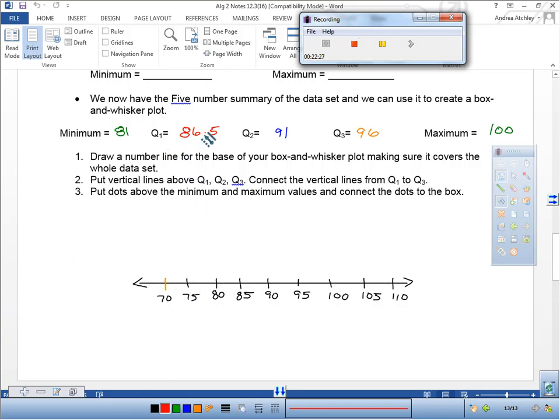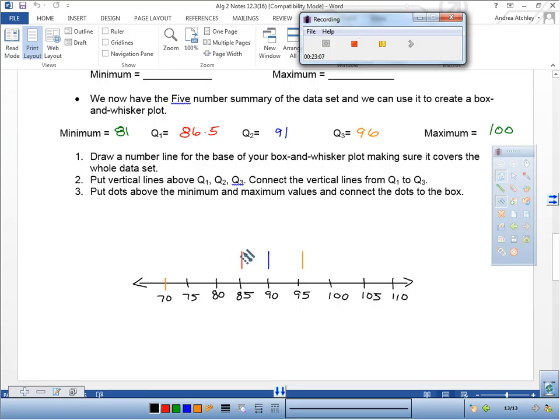So then 86.5, I'm going to go over here, and it's a little bit above the 86 or 85, and I'm going to draw a line. Okay. Then I'm going to go to where 91 is, which is a little bit above 90, and draw a line above that for quartile 2. Then I'm going to go to quartile 3 and put 96, a little bit above 95. Draw a line above that.